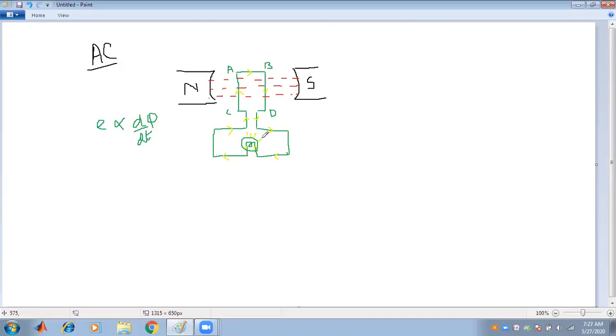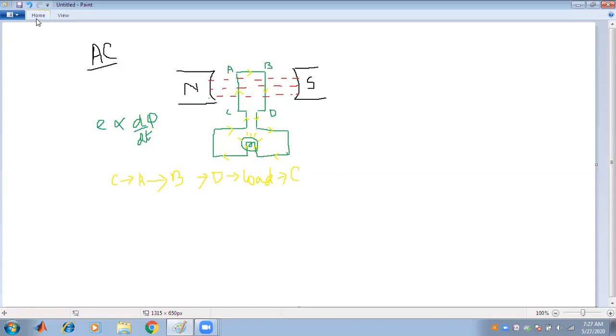The direction of the current is from C to A, A to B, B to D, D to the load, and the load back to C. That is how a cycle for the load is completed.